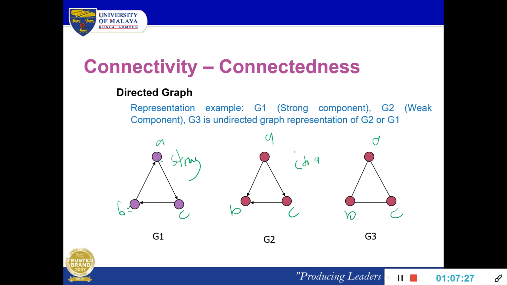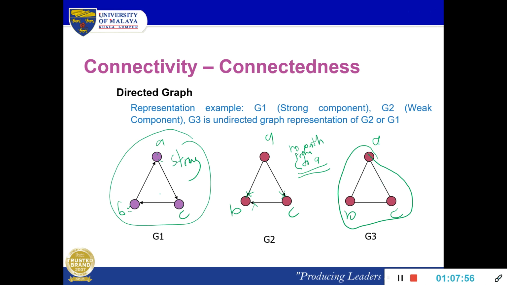So there is no path from C to A. But if you remove the arrows and assume this as an undirected graph, there is a connection between each of the vertices and any other vertex in the graph. So this is a strong component of a directed graph.